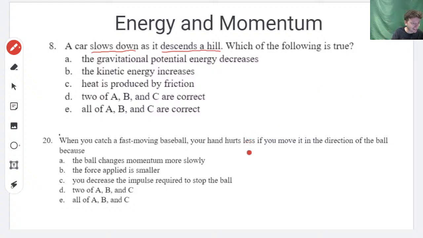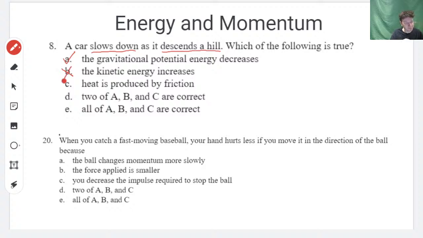That's awesome. All right, so A, gravitational potential energy decreases. Yes, that is true. It's descending a hill. B, kinetic energy increases. This is where it kind of tricks you, right? Because you think it's descending a hill, it's speeding up, but it clearly says it's slowing down. So take time, make sure you read and understand the question. Kinetic energy is decreasing.